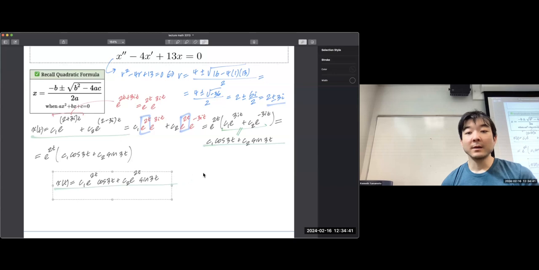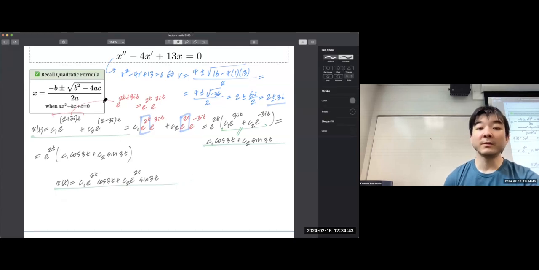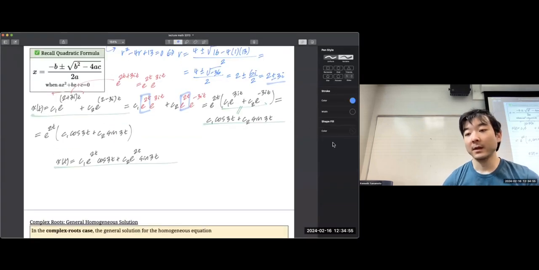I'm going to now point out something nice about this: there's a pattern here. Let's say you have some root. You have complex roots. Complex roots will always occur in conjugate pairs.